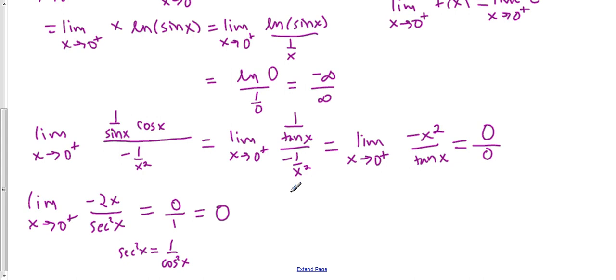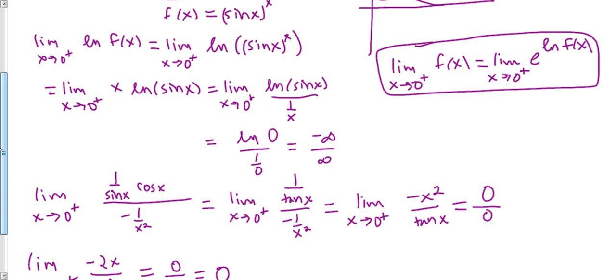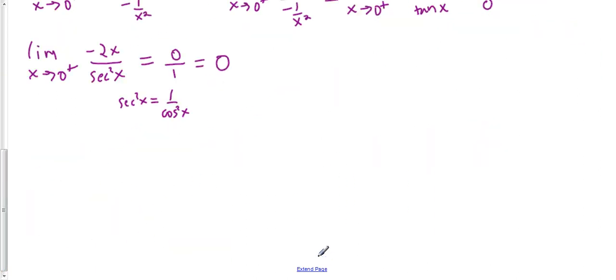But remember that I haven't really solved my problem. I've solved part of my problem, but now I need to go back and I need to use that formula. So I'm going to extend my page here so that I have plenty of room. And I'm really trying to find the limit as x goes to 0 from the positive side of sine of x to the x.